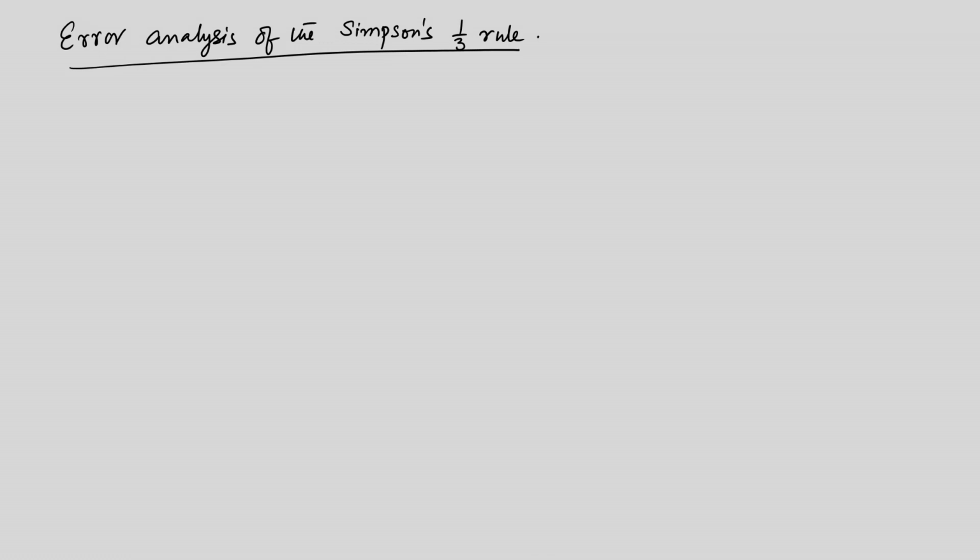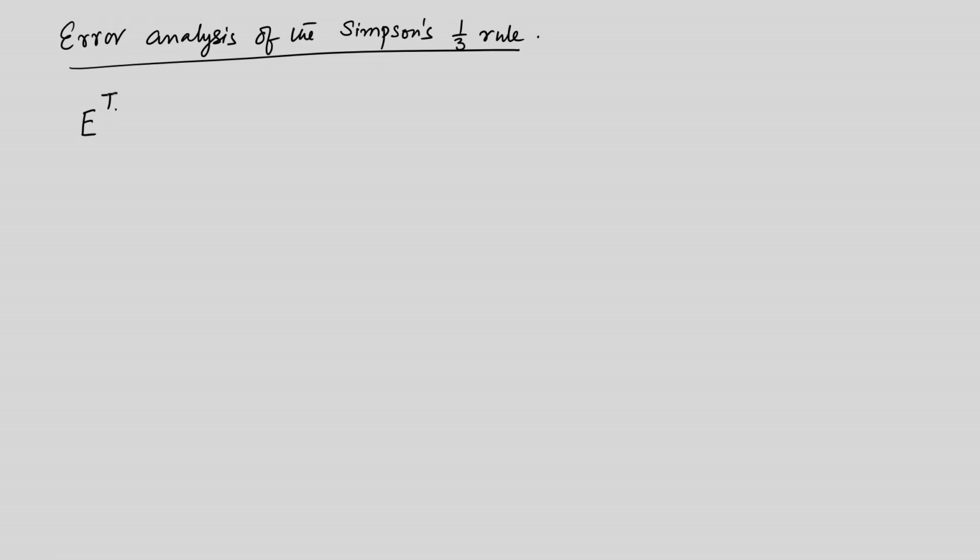Once again I remind you that we are talking about the truncation error. We have taken the first 3 terms of the polynomial. It is a second degree polynomial. The first 3 terms have been taken, and we are leaving the terms from the 4th term onwards. So, this would induce error into this Simpson's 1/3 rule formula.